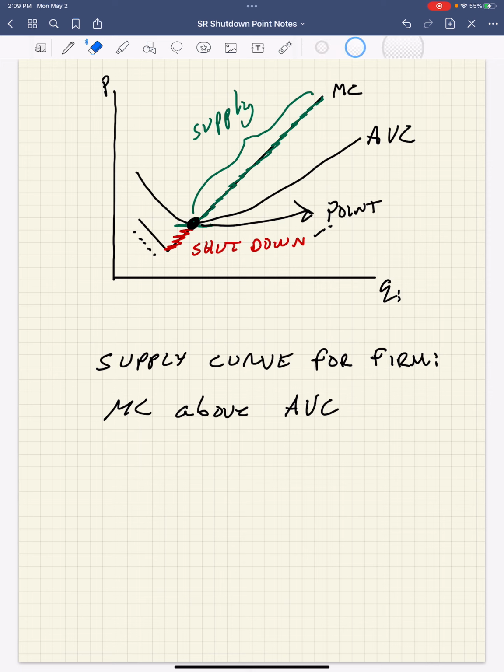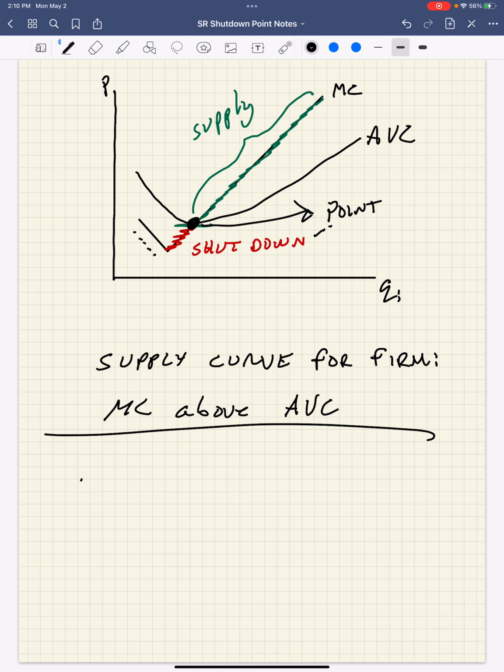So let's add one more thing here that's going to be very important and will take us to the next topic. Now that we've defined the individual firm supply curve as their marginal cost, go back to the very beginning and think about how we define a market supply curve. Remember, it's the summation of all the individual supply curves. And we just want to bring that back into play here.